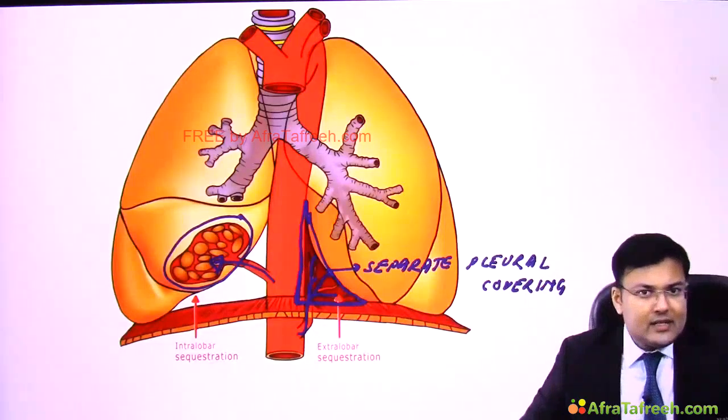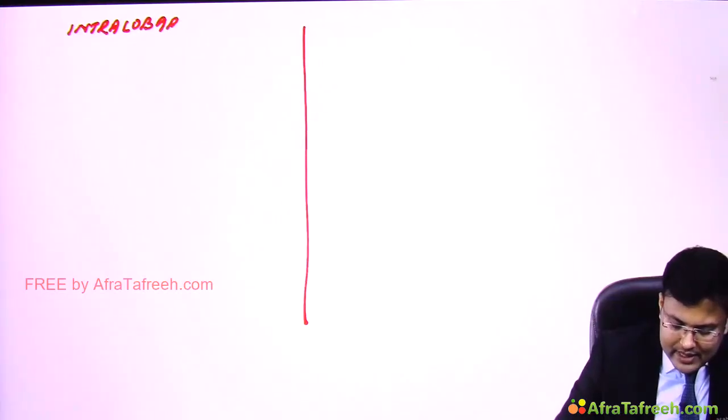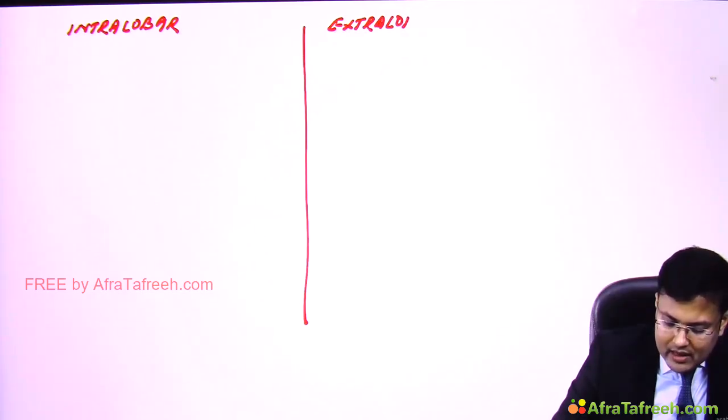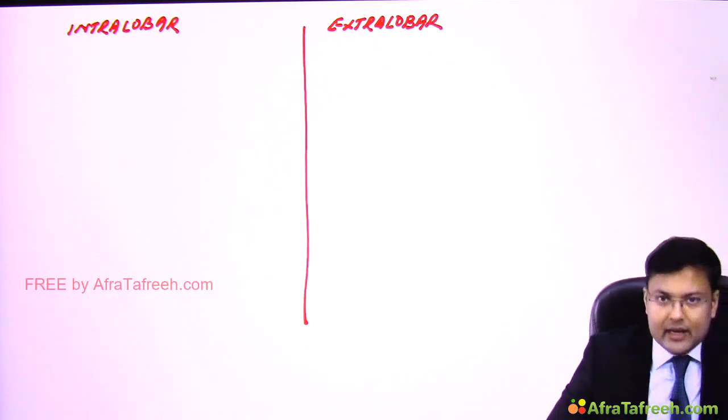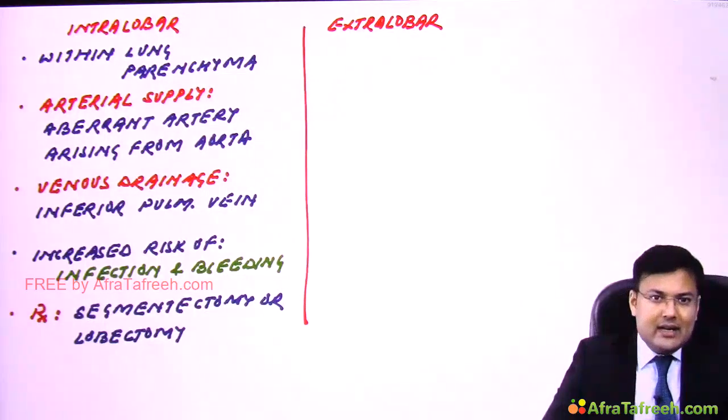So let's discuss what are the differences. Intralobar means located within the lung parenchyma, and extralobar means it is located outside the normal lung. In intralobar, the arterial supply, you saw, is an aberrant artery directly arising from aorta.